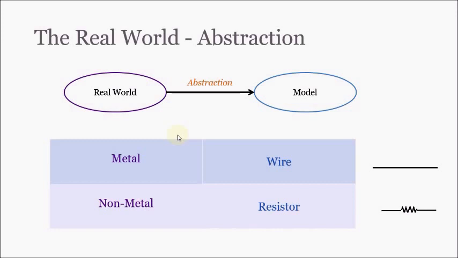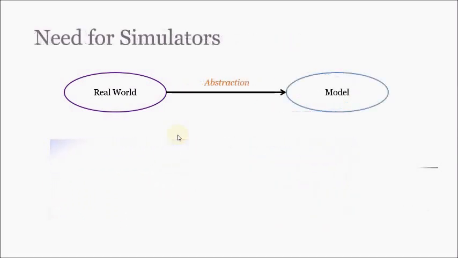On the other hand, a non-metallic object can be modeled by a resistor, which is represented symbolically by zigzag lines. What it represents is that when you pass a current, the object offers some resistance to the flow of current, which appears as a voltage across it.